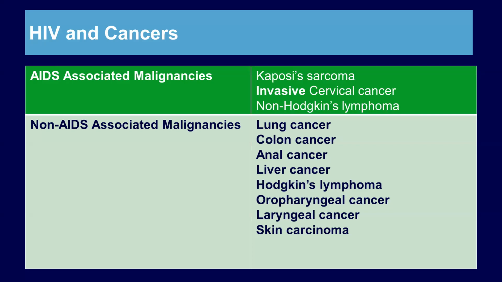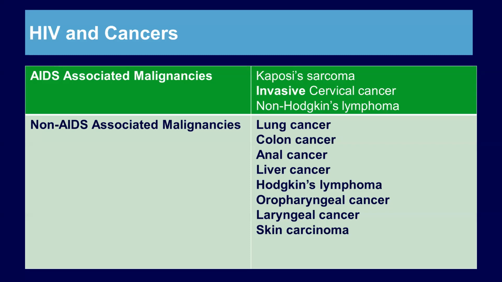Thankfully, those have dropped low on our radar screen. On the other hand, the non-AIDS associated malignancies that we're going to focus on today are lung cancer, colon cancer, anal cancer, liver cancer, Hodgkin lymphoma, oropharyngeal cancer, laryngeal cancer, and skin carcinoma. These are the ones that have emerged to be a real problem for our patients and for us as clinicians.